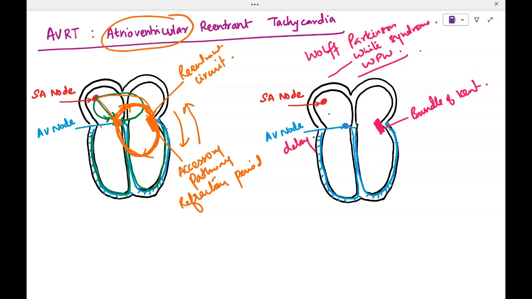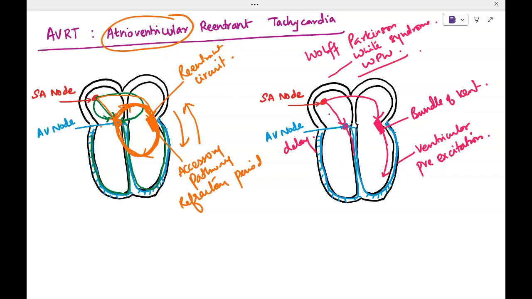So the impulse travels through both pathways, but through the bundle of Kent it travels faster, and it stimulates the ventricle before the impulse going through the AV node does. So there is a ventricular pre-excitation.